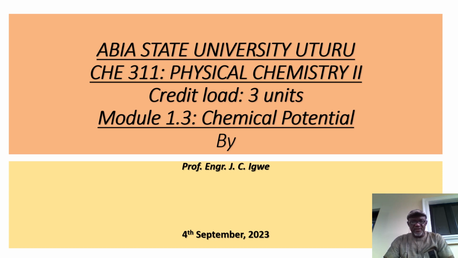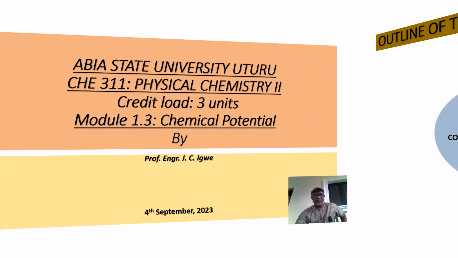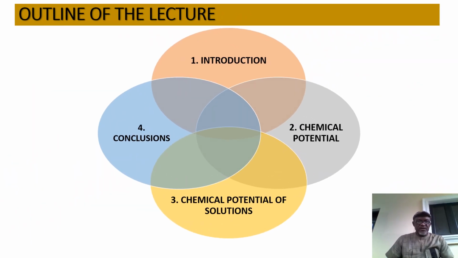And I know that biochemistry students are here, so we'll just talk about the introductory aspect of chemical potential. We'll follow this outline: introduction, definition of chemical potential of solutions, and we'll conclude.